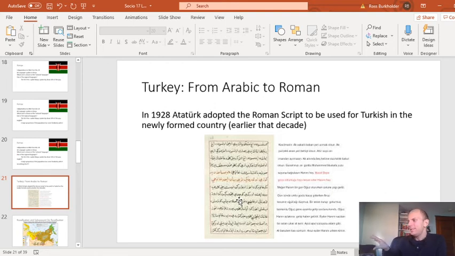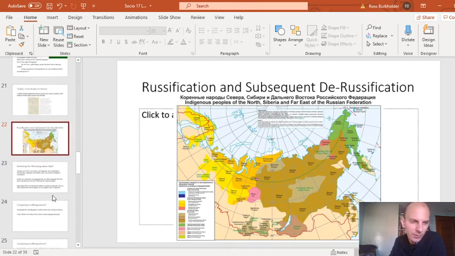So it's a shift in facing, facing away from the Muslim world and facing instead toward the Western world. It's an intentional move that's being done through corpus planning, through this change of script, which is really interesting and fascinating.